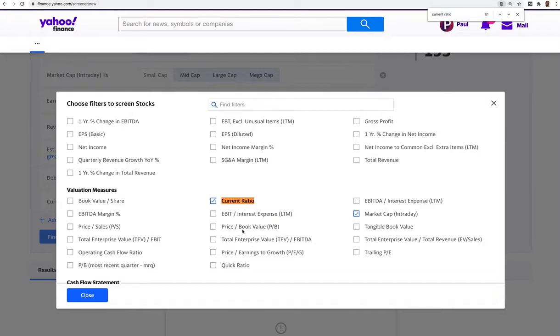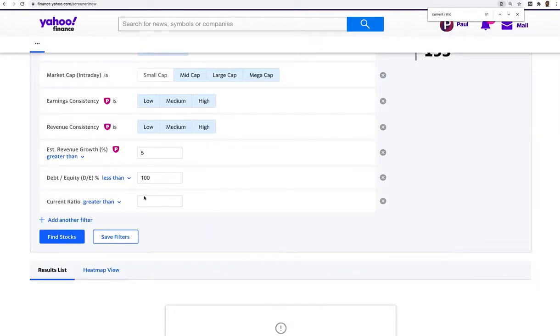So this is short-term working capital. We want to make sure that the current assets are above the current liabilities. This is very important, this metric. So in this case, we could put greater than 1.0.